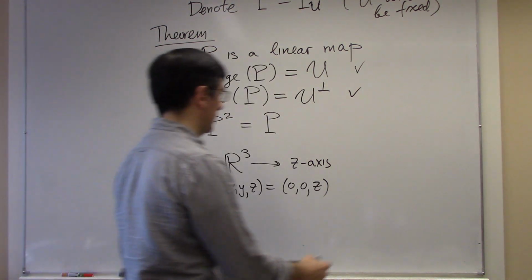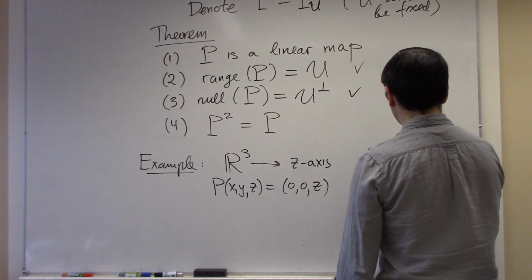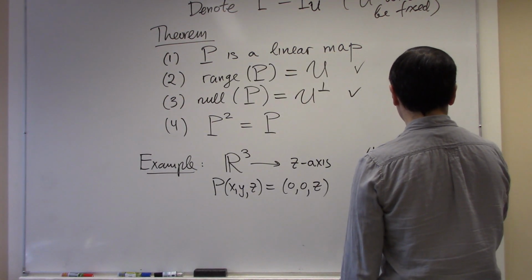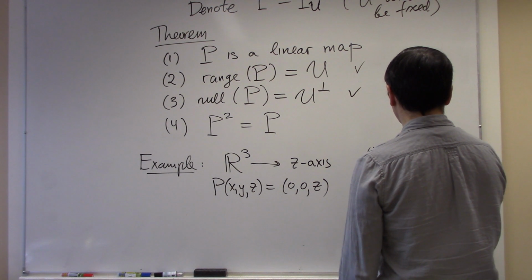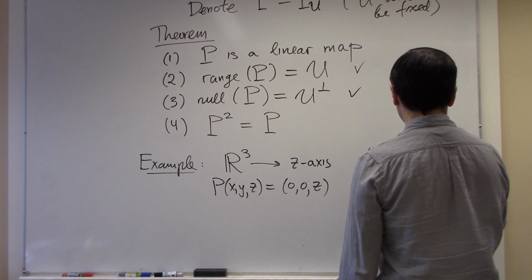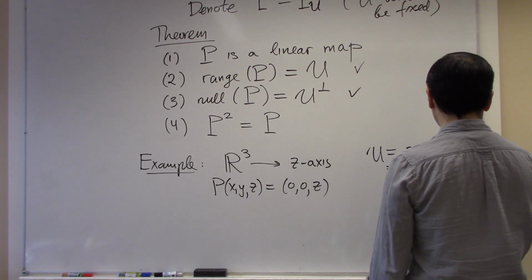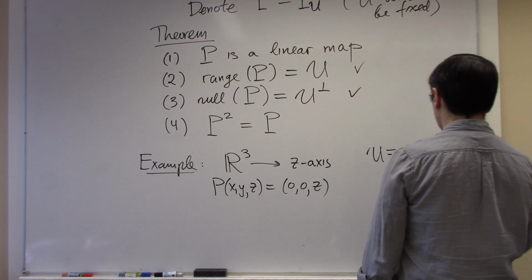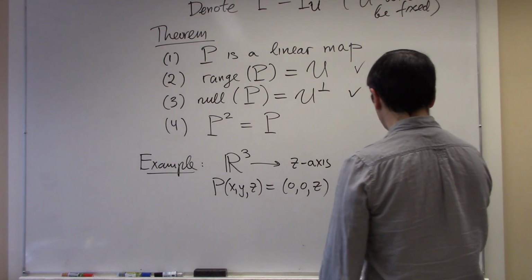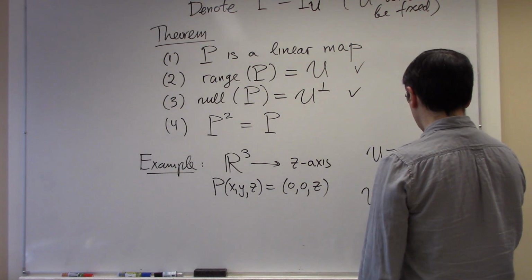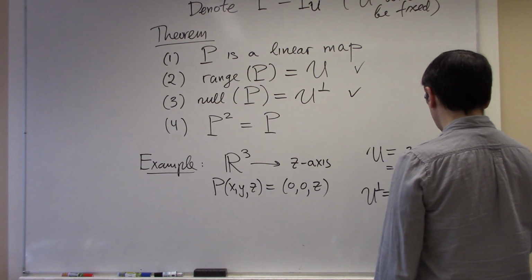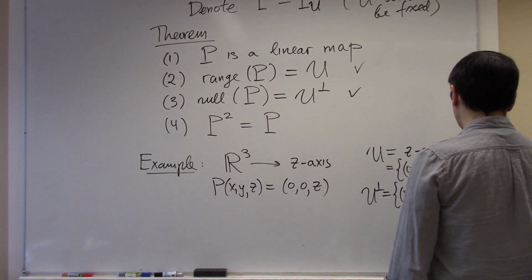And U was the z-axis, so these are all elements of the form 0, 0, z, where z is in R. And the orthogonal complement is x, y, 0, where x, y are in R.